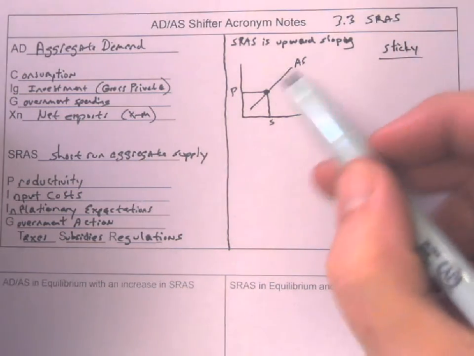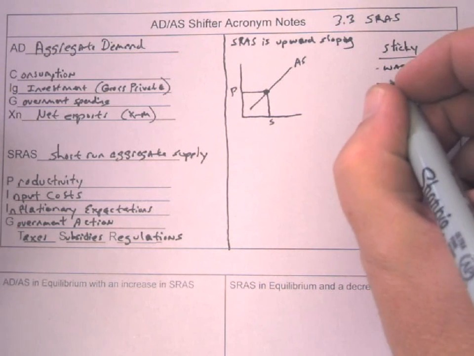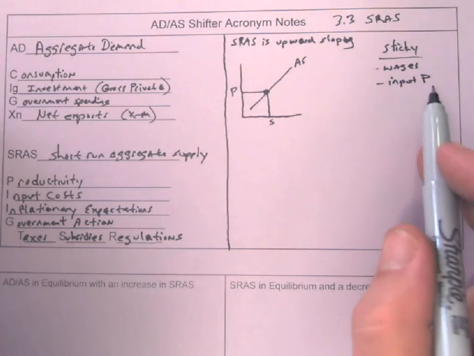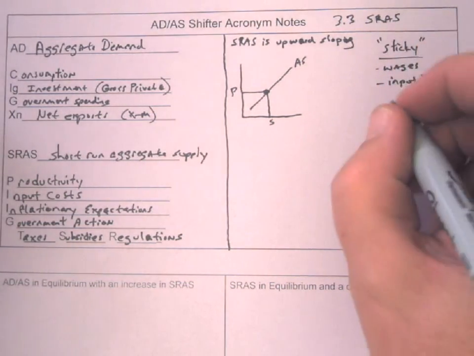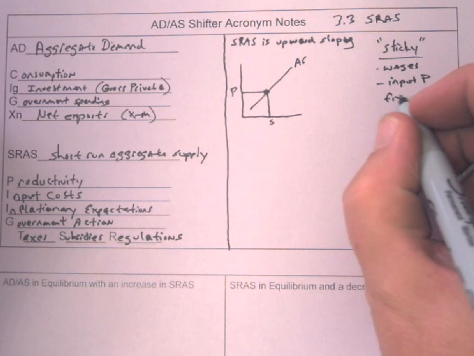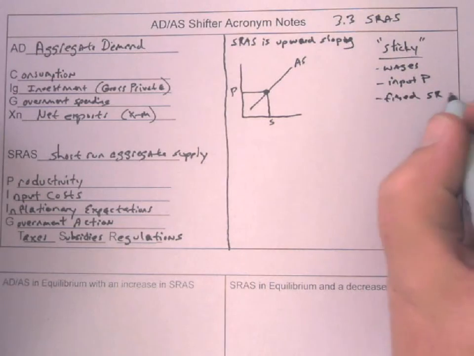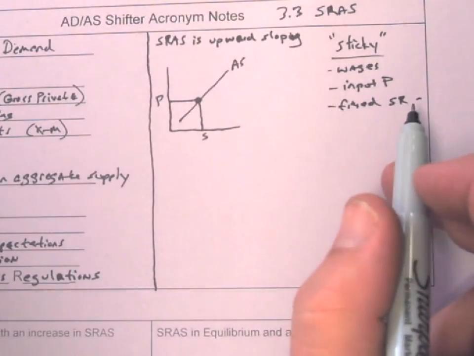The reason for this upward slope is because of sticky wages and sticky input prices. What that means is these are fixed in the short run. Fixed in the short run means that they don't move, right? They stick, they stay in place.